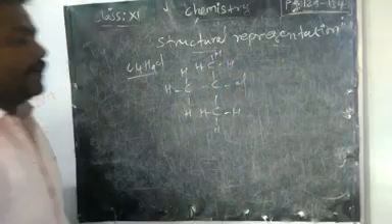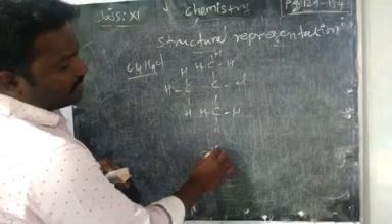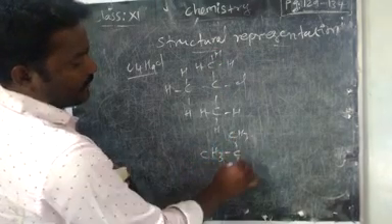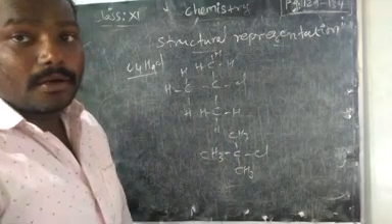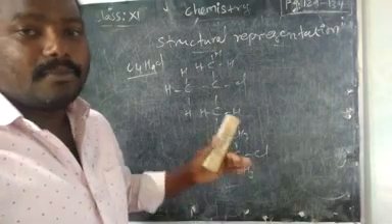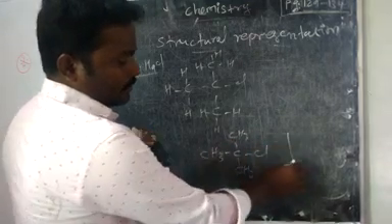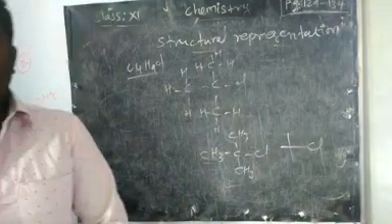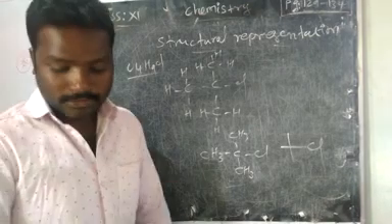Here we have chlorine, right? In the condensed structure, CH3, CH3, CH3, Cl. Very important. How will you write it in bond line structure? Very simple, right? So you must know how to write bond line structure first, because that is important or new to you.